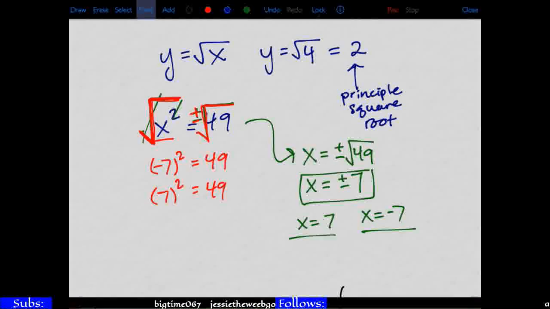So the plus or minus is just any time you're solving by square rooting. Like on this one here, whenever you're solving by square rooting, you need to add a plus or minus because x squared has 2 answers, -7 and +7, that equal 49.